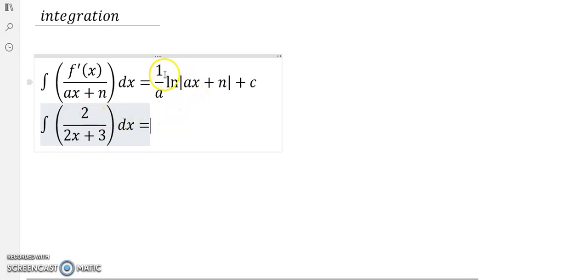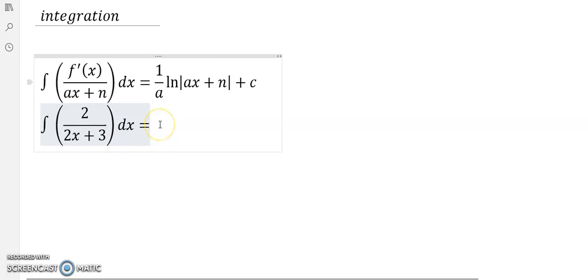So we can write it in this form: 1 over a. In our case a is 2, it will be 1 over 2 ln 2x plus the value of n is 3.